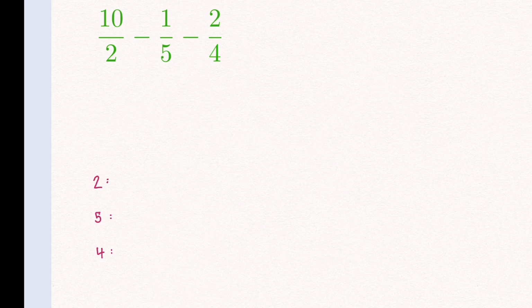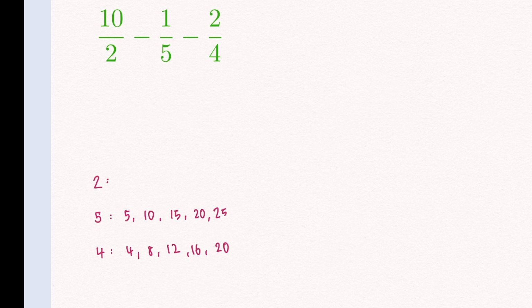I'll start with the biggest number of 5. And stop here. And then I'll list the multiples of 4. I can see a 20 already, so I'm going to stop.